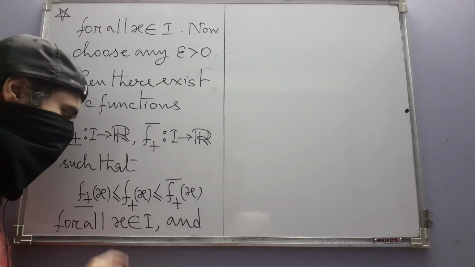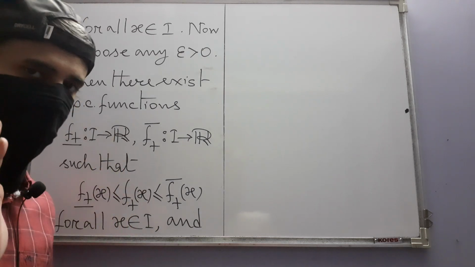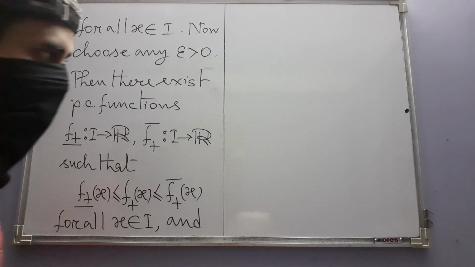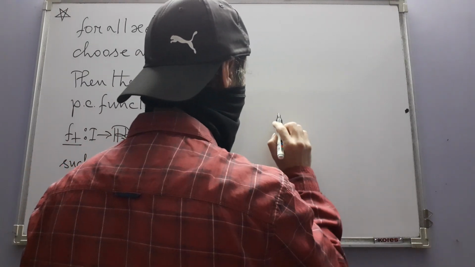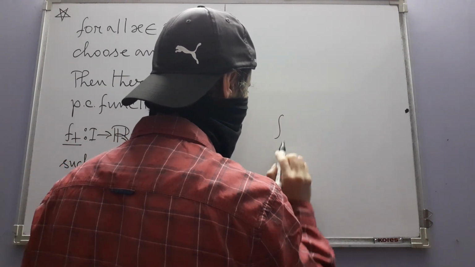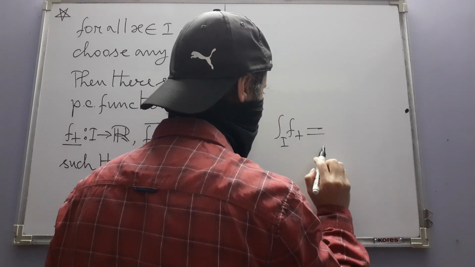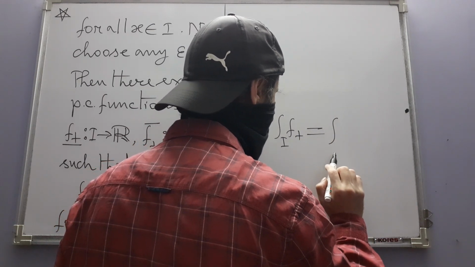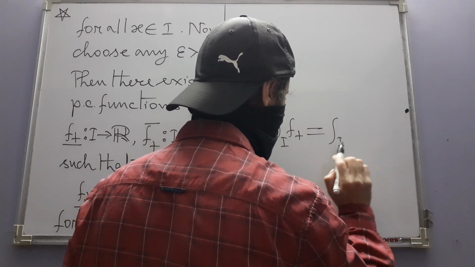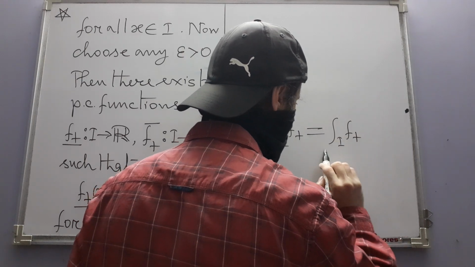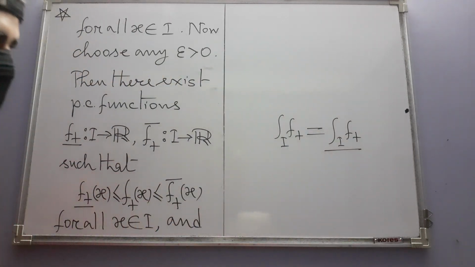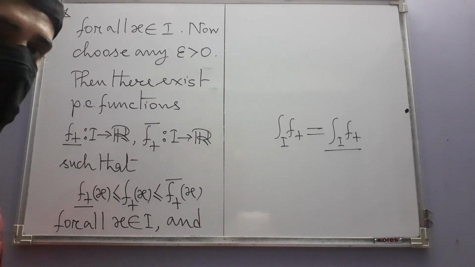We already know that the function f plus is integrable, right? So its integral is also equal to its lower integral, right? Now, what is the definition of lower integral?